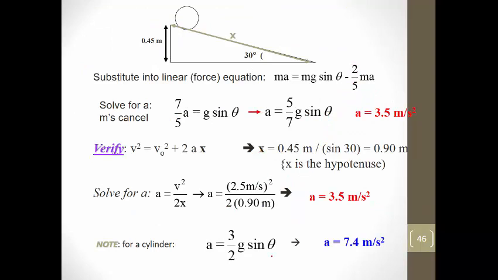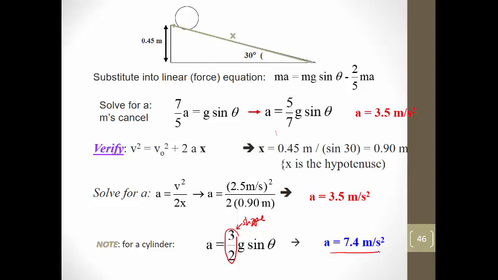If I change the object from a sphere to a cylinder, then I go from 5/7 g sine of theta to 3/2, because I changed the shape. And that in turn changes the acceleration of my system.